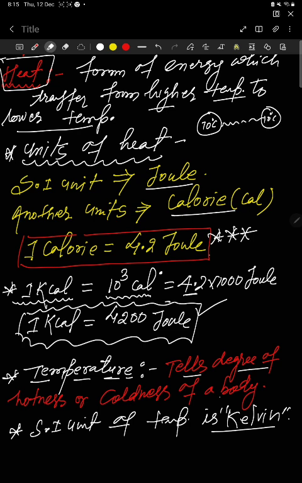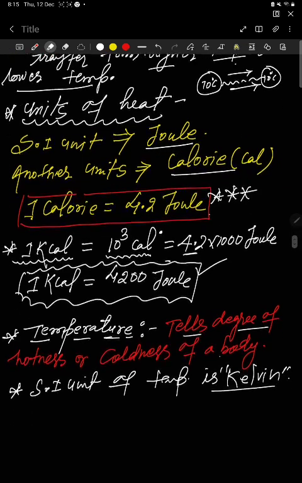When I join them, heat transfer will take place from the higher body to the lower body, from 70 degrees Celsius to 10 degrees Celsius. This is the direction of transfer of heat.